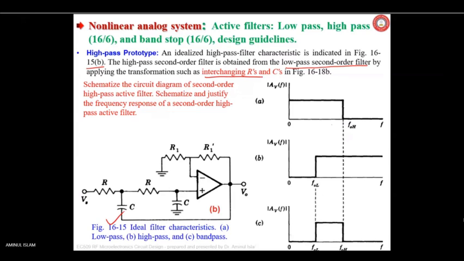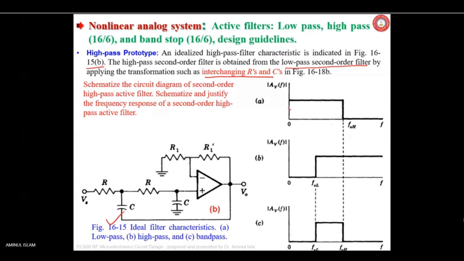What is the transformation? Interchanging our resistances with the capacitances and capacitances with resistances. You change their locations.